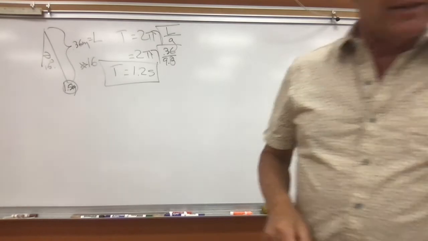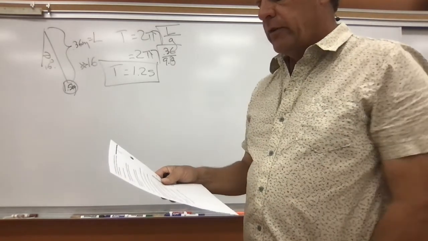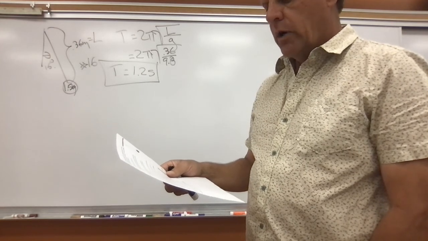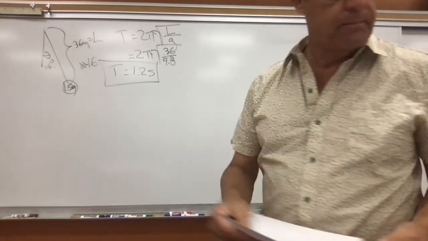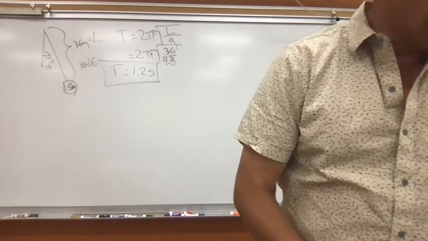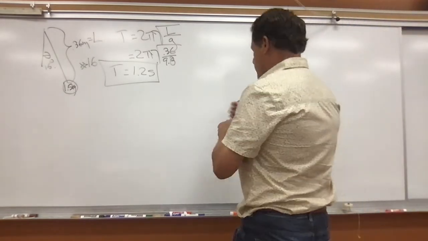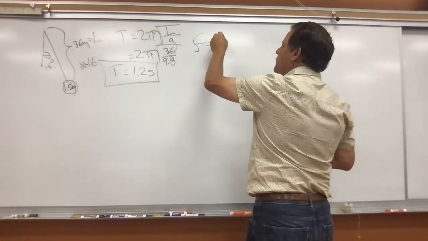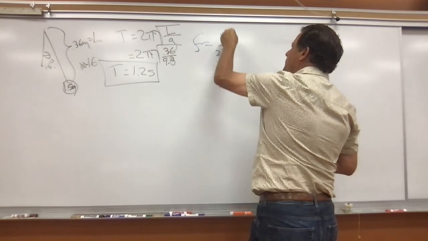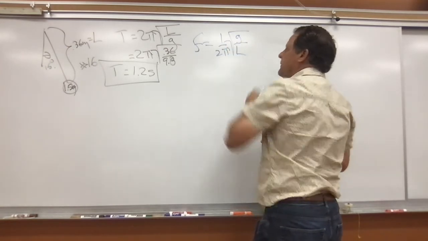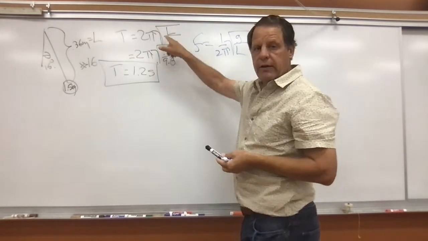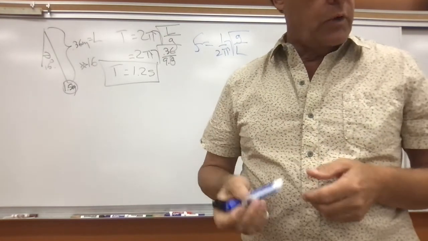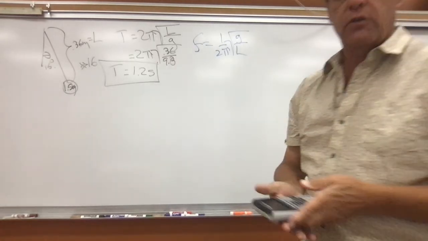So problem 17, what would the frequency of this pendulum be if it were transported to the moon, where the acceleration due to gravity is 1.6? Okay, so essentially we have the same equation, except we're just going to invert it. So frequency is going to be equal to 1 over 2 pi times the square root of g over L. Now, obviously, we could use that same equation, put in the gravity of 1.61, and then just get the answer and flip it over.